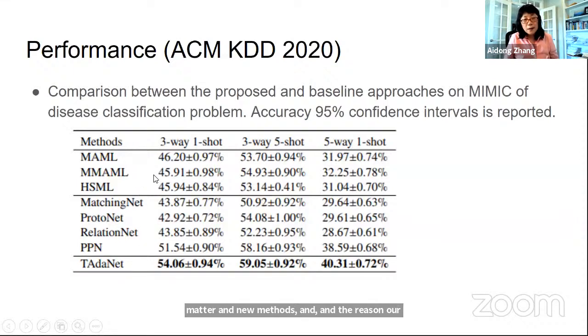You can see that when we integrate knowledge into the machine learning model, we do achieve better performance than all the other meta-learning approaches. So that shows encouragement for using knowledge in the machine learning model.